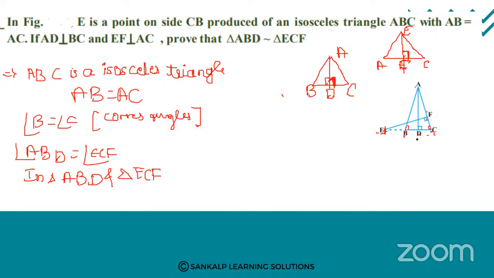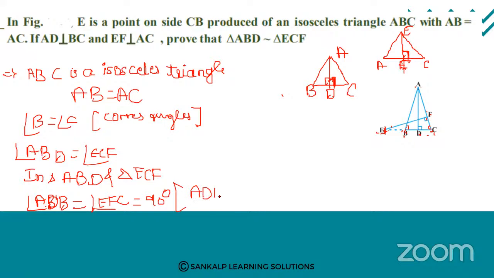That means D and F are 90 degrees. Angle ADB is equal to angle CFE, or you can write EFC. Angle ADB is equal to angle EFC. That means D and F have 90 degrees.